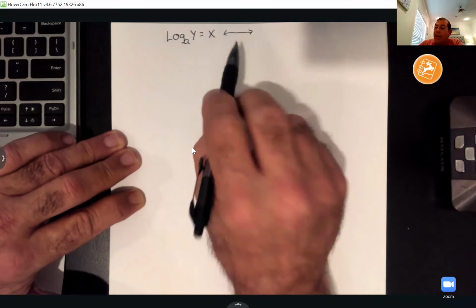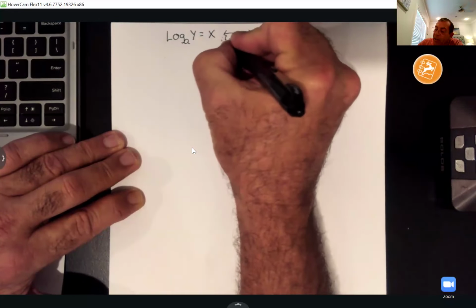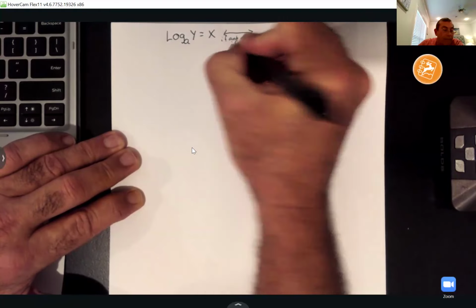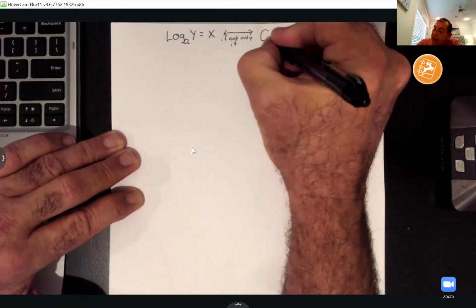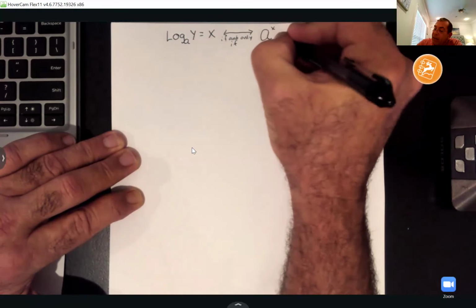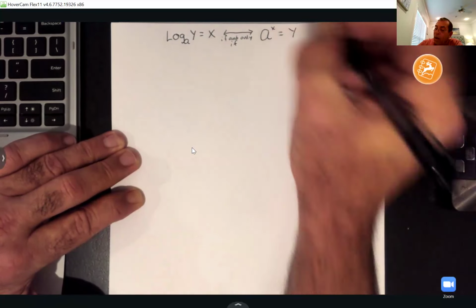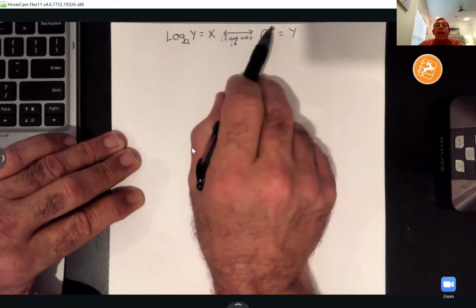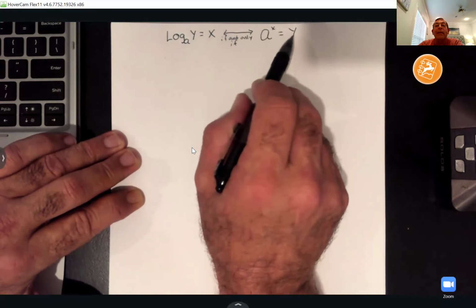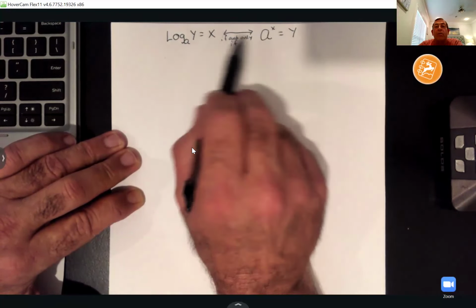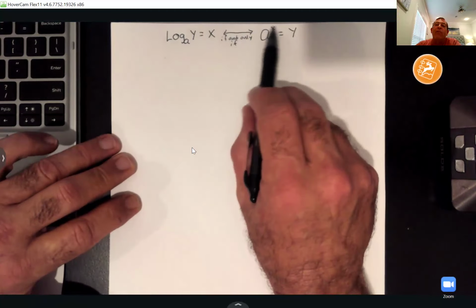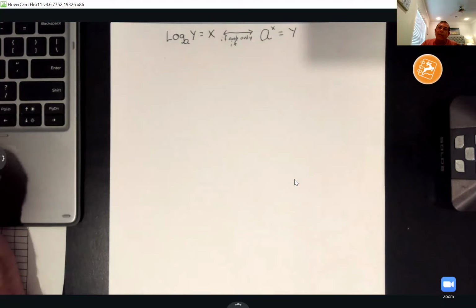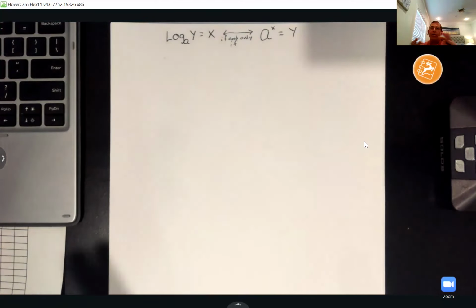Y'all, this double-headed arrow means if and only if a to the x equals y. So my base raised to the exponent has to equal that result. And that's why I was sort of rewriting them like that when I was explaining, so that you would see how they're related to each other.